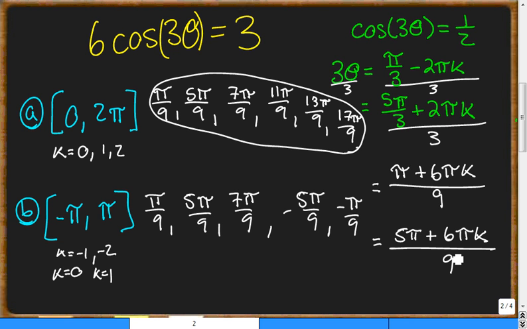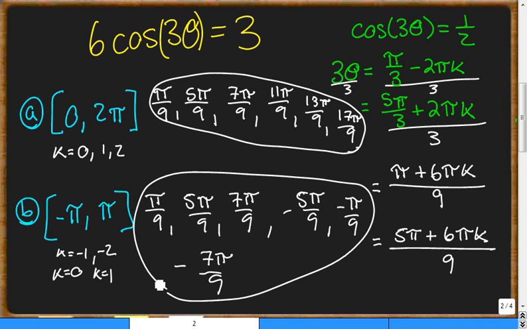That's not going to work. For this one, I could do k to be negative 2, and that would give me negative 7 pi over 9. And these are all my possible answers for this part. So this one is a little bit trickier because it's not very standard. I've got to kind of mix up all these different options and just make sure that they fit there.